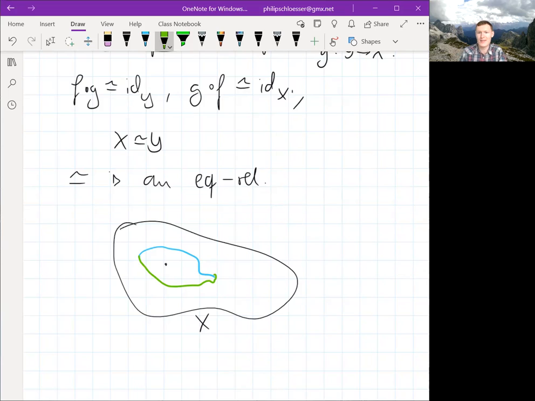But asking if they are homotopic is quite a boring question, because we're allowed to move the endpoints. So we can just move this one around here and back there, and then similarly move all the other points like that. And yeah, we've constructed a homotopy. So green and blue are homotopic.